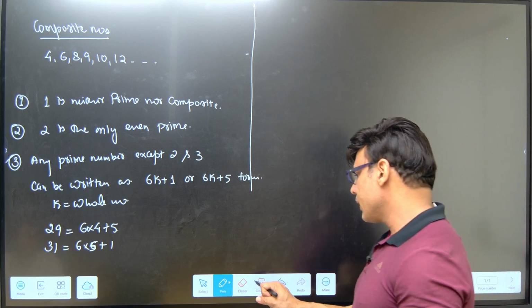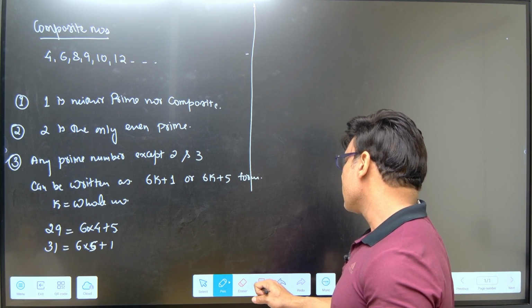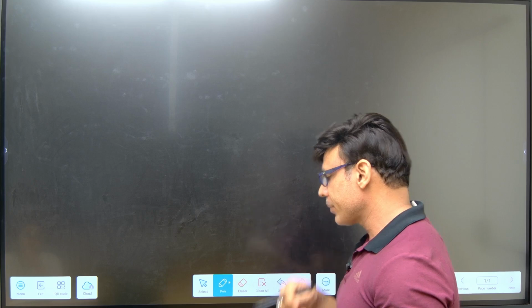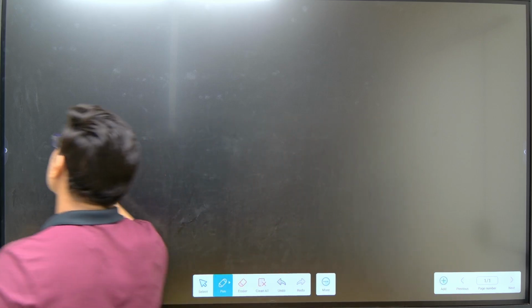Now there are some squares first of all, and then multiplication.